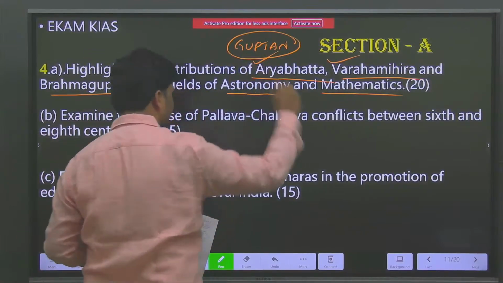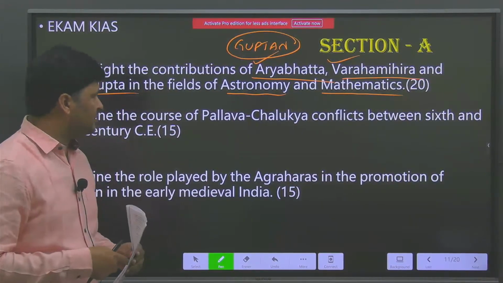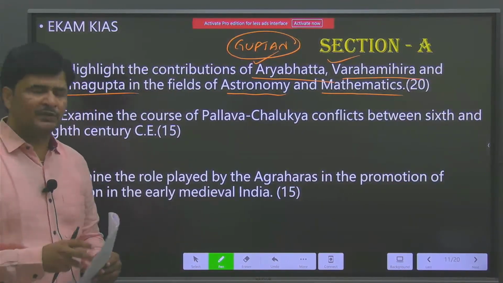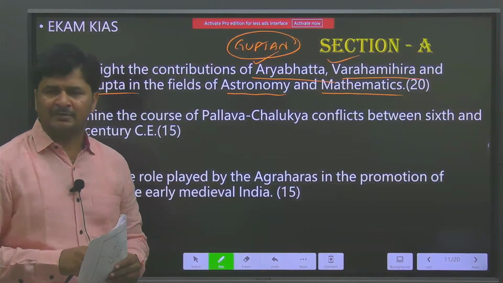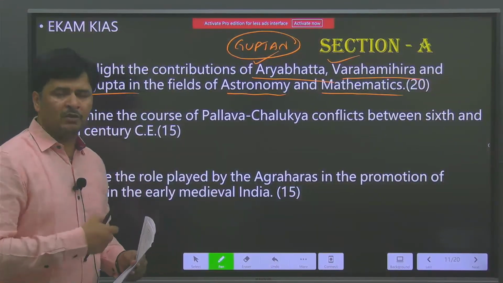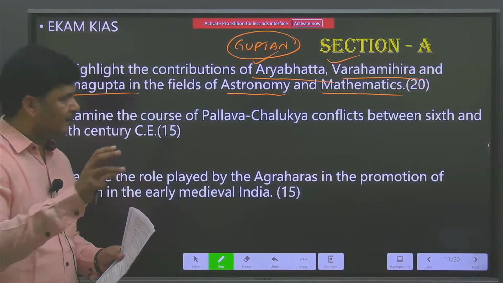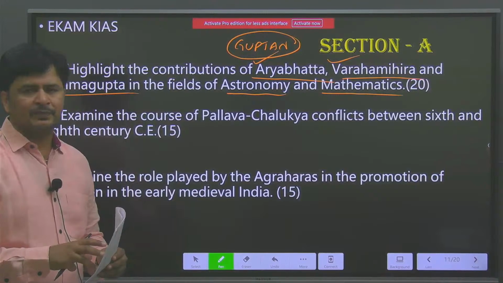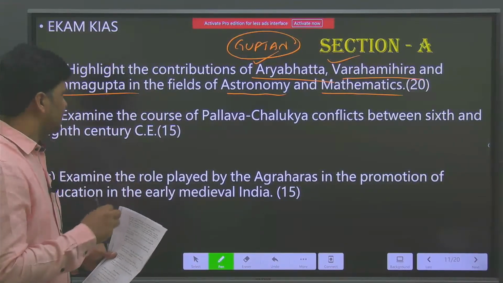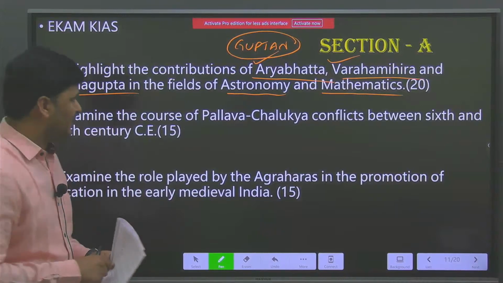And we did spend a lot of time during classes on the factual information associated with Aryabhatta. He was an astronomer cum mathematician. The same goes for Varahamihira and Brahmagupta, popularly called the Indian Newton. So the respective books, their theories and their contributions are to be written, especially in the fields of astronomy and mathematics.